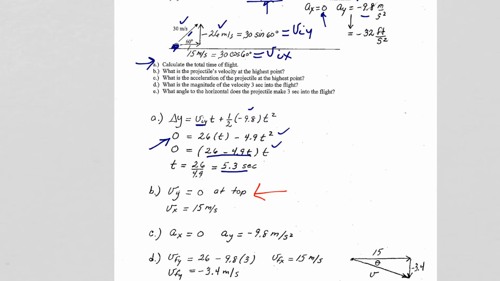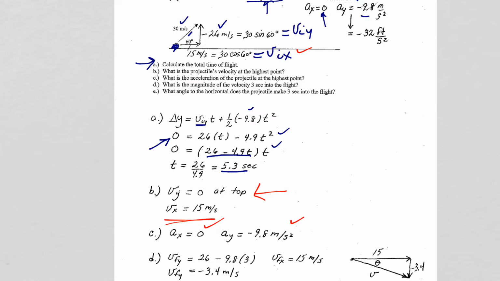So there's no new calculation here. We already calculated that the velocity in the x direction was 15, and it is indeed 15 in the x direction when it is at the top. Okay, the acceleration of the projectile at the highest point, and it's not just at the highest point, it's at any point, is x direction acceleration equals 0, y direction is negative 9.8.